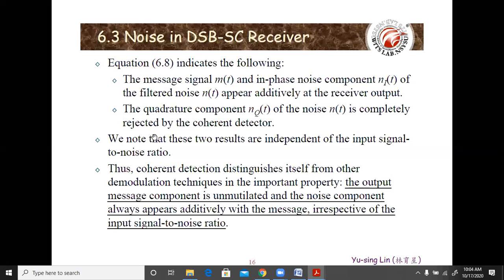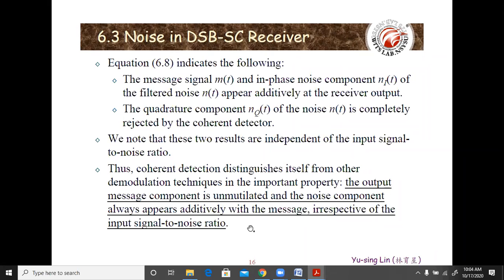Note that these two results are independent of the input signal to noise ratio. Thus, coherent detection distinguishes itself from other demodulation techniques in an important property: the output message component is unmutilated and the noise component always appears additively with the message, irrespective of the input signal to noise ratio.